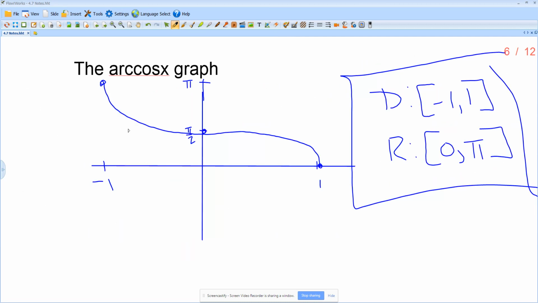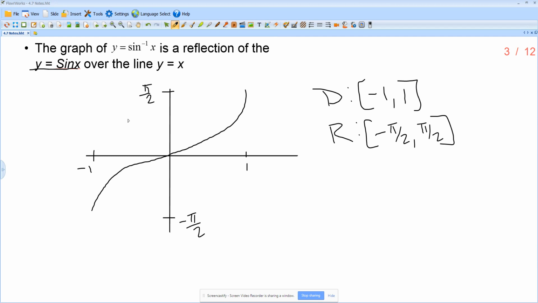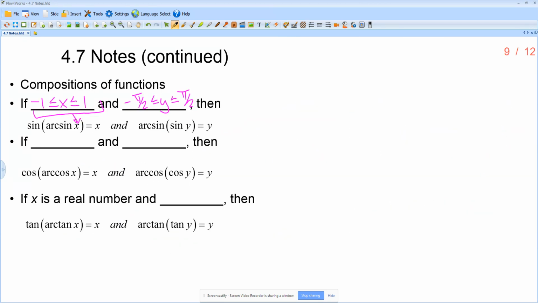So we said, sorry, I'm going back a lot. Can't find it. We said that the domain of arcsine was -1 to 1. Here's arcsine. So over here, we're saying if I'm going to cancel these, then that x value must be between -1 and 1.